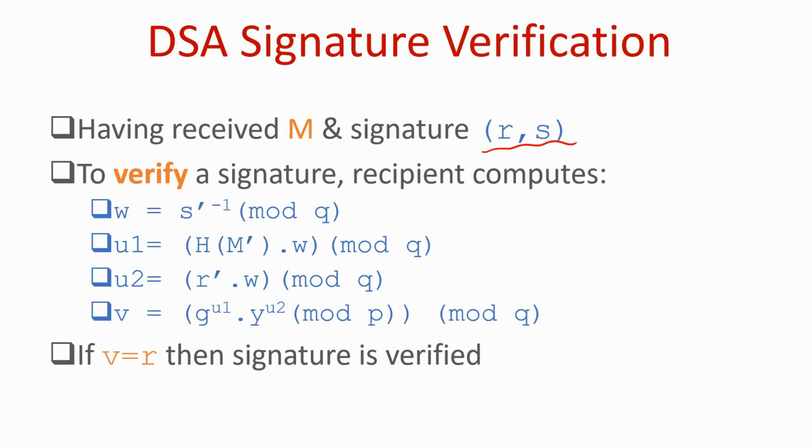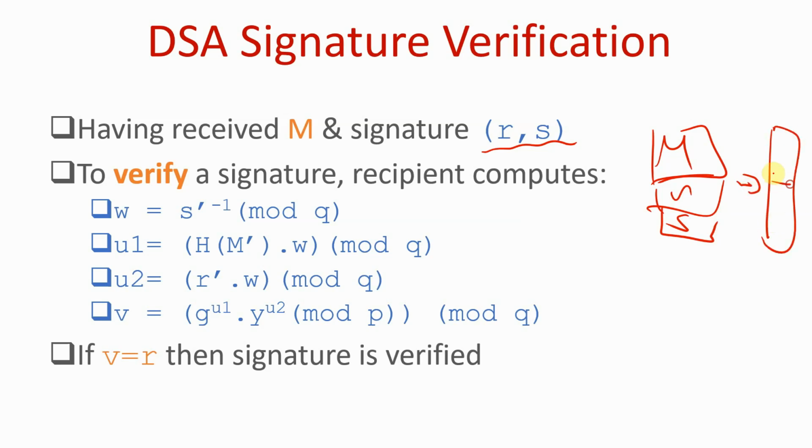Basically, when you send the message M concatenated with R and S, all of these values can be manipulated. M can be manipulated, R can be manipulated, S can be manipulated. So by the time it reaches the receiver, we say that it will be M dash, R dash, and S dash. Basically, we want to verify that M is equal to M dash, R is equal to R dash, S is equal to S dash.